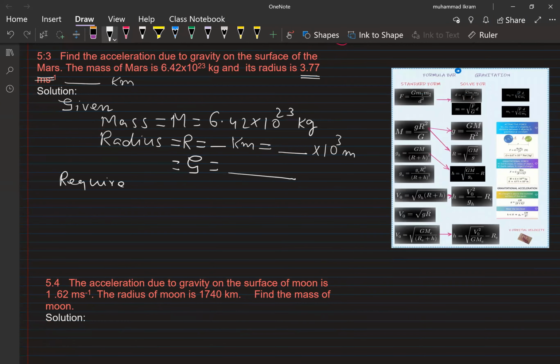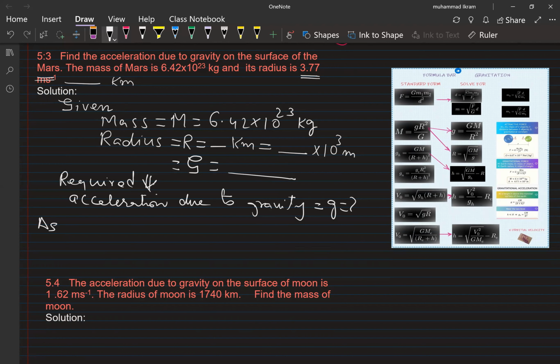So you see, the solution is, we know that M is equal to g R square into G. That is a standard formula. So what we actually need is this g.